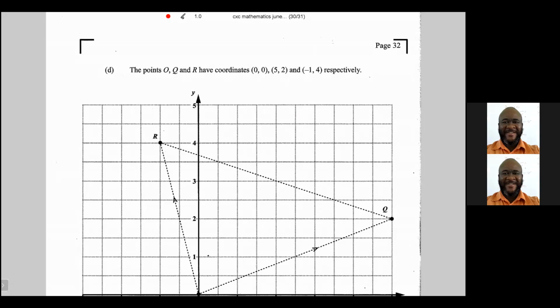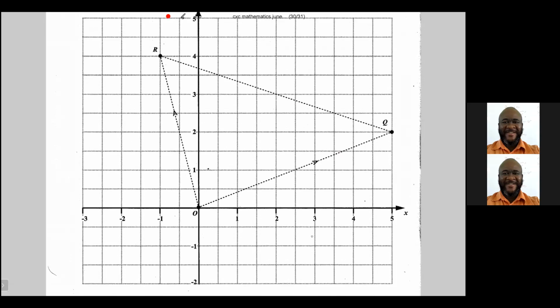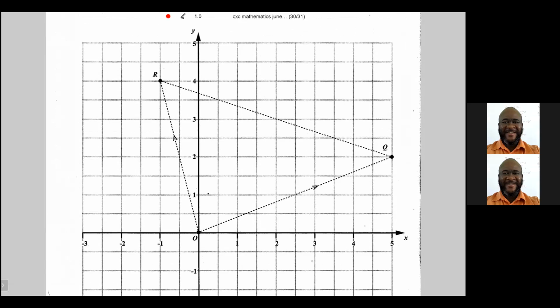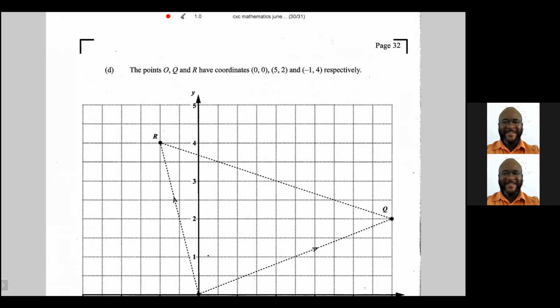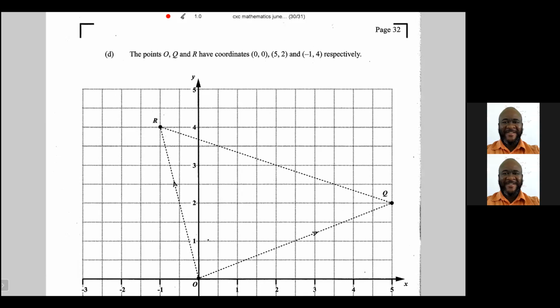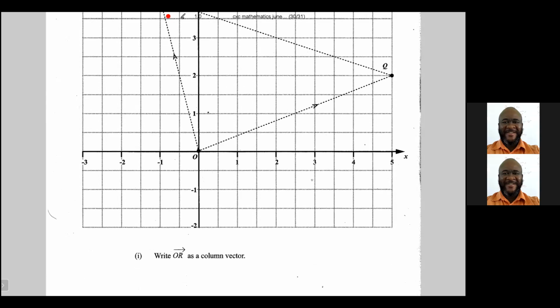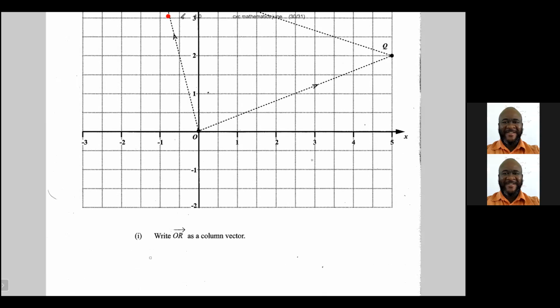D. So there's a D part of the question. I thought we were at the final part, but we're wrong. It says the points O, Q, and R have coordinates 0, 0, the origin, 5, 2, that is Q, and minus 1, 4, that is R, respectively. We are to write as a column vector the vector OR. Well, OR is a position vector, which is a vector that is tied to the origin.